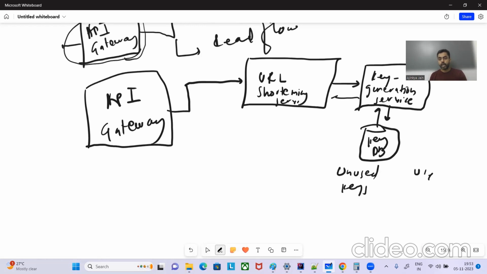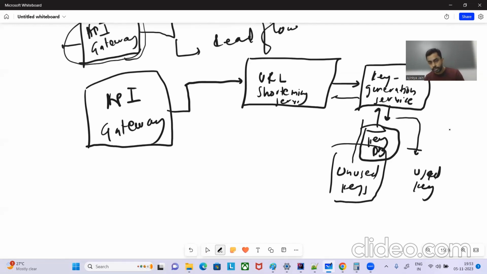and used keys. Whenever the key generation service picks up from the unused keys, as the name says, these keys are not used yet, it will pick the unused key from the unused keys table and then immediately put it in the used keys table. That means this table will have all the used keys, which cannot be used further, as these keys are already booked for some users.